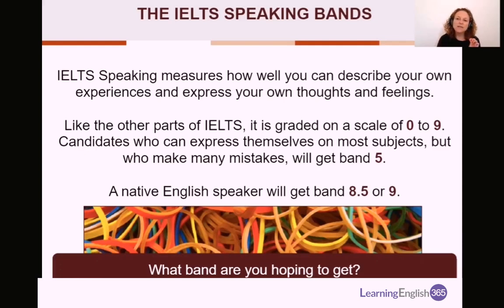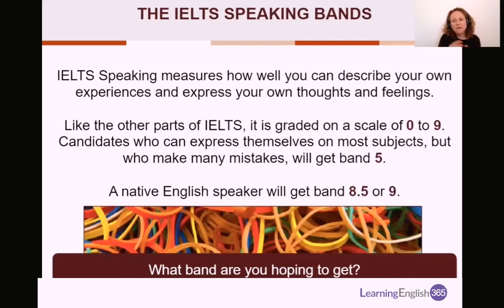It's important that you understand and have found out what it is that you need to achieve in your specific situation. Requirements from universities and immigration agencies vary, and they vary between countries, so different countries have different requirements, but they can also vary between universities or institutions.